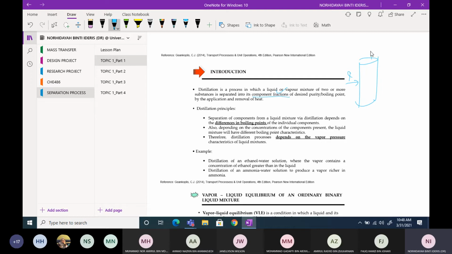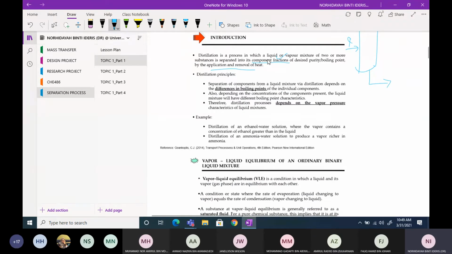So you can see that usually dia akan biasanya ada bahagian atas dengan bawah. Alright, and then by the application and removal of heat. Alright, so distillation principle here. Okay, this is introduction. I think the definition of the distillation column ni you can simply check it out from any references kat internet, banyak semua.